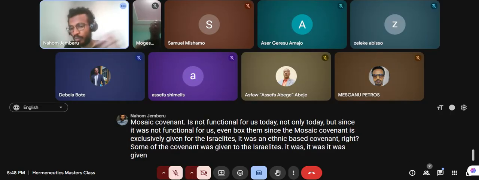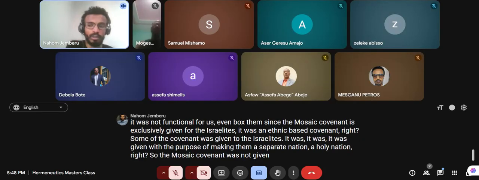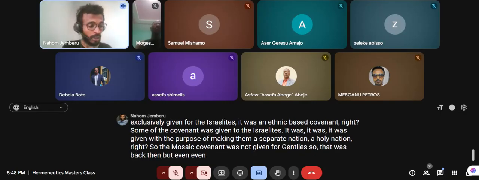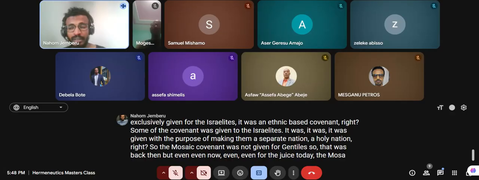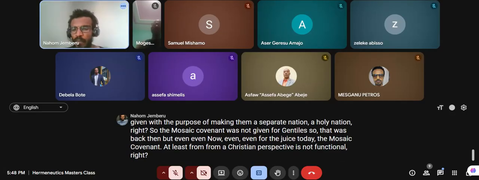It was given with the purpose of making them a separate nation, a holy nation, right? So the Mosaic covenant was not given for Gentiles. That was back then. But even now, even for the Jews today, the Mosaic covenant, at least from a Christian perspective, is not functional, right?